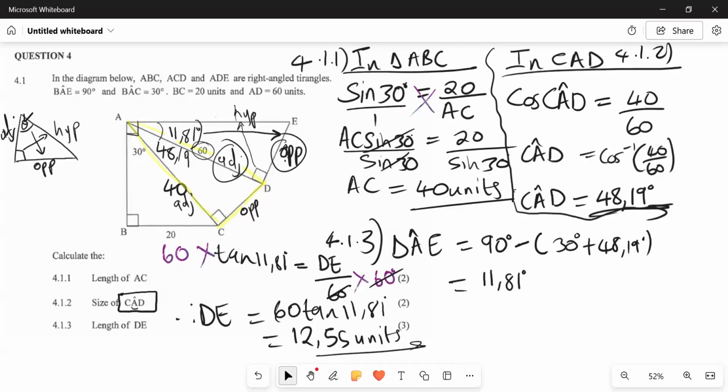So I've decided to use two decimal places. But remember, what did I say about the instructions? They will give you instructions on how to round off, whether they say round off to two decimal places or three decimal places, but they will make sure that they instruct you.